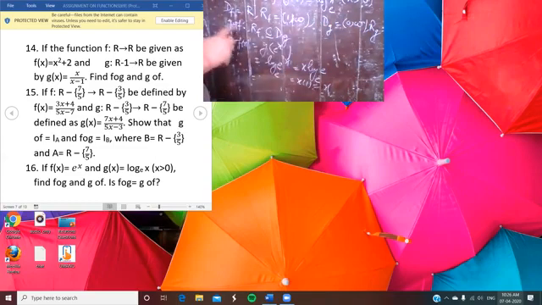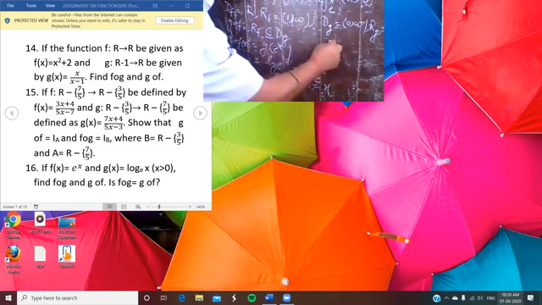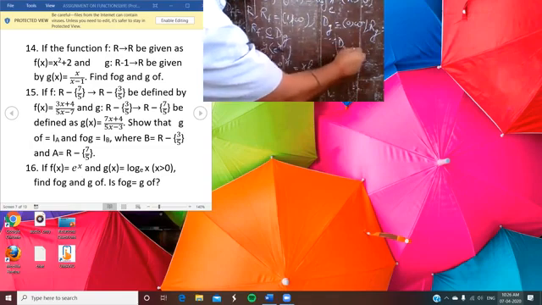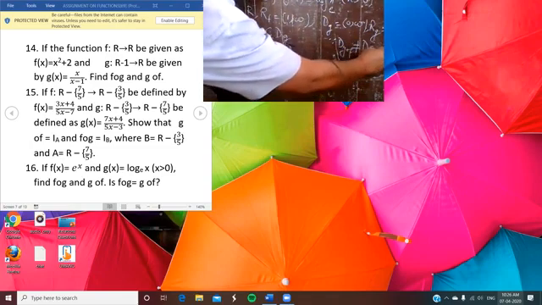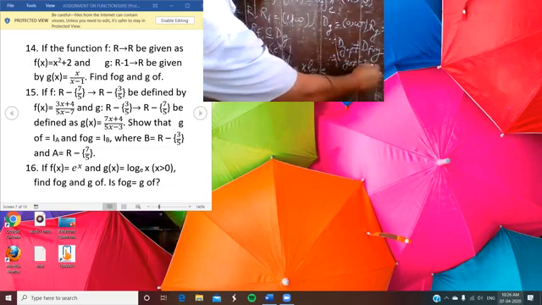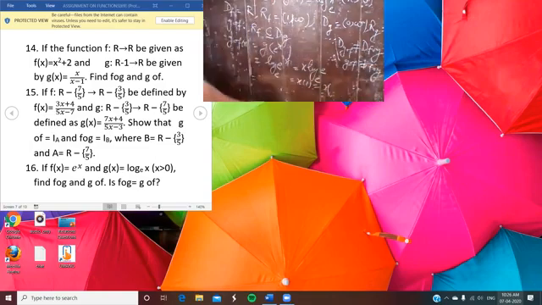You see that both domains are not equal. So the values of the functions are the same, but the domains of gof and fog are not equal, so the functions are not equal. Write it this way: since the domain of gof is not equal to the domain of fog, gof is not equal to fog.